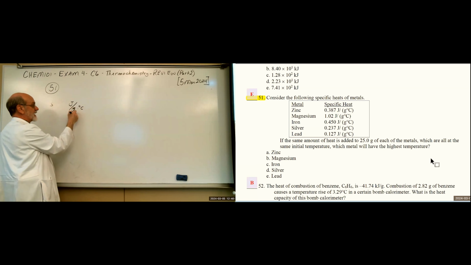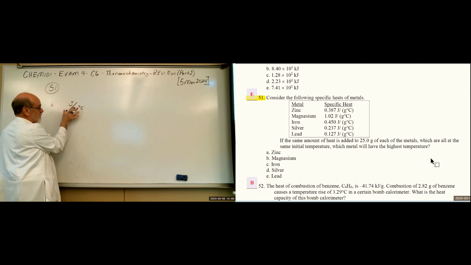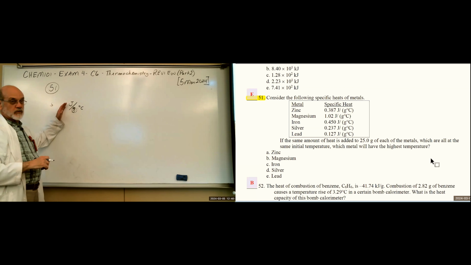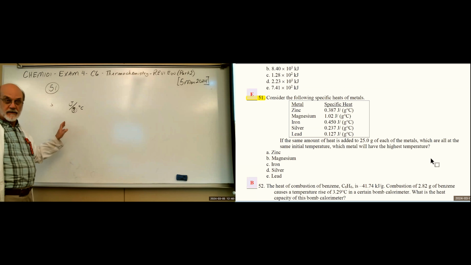The mass is taken out of the picture because they're all the same. So the temperature will move more for a smaller value of specific heat for every joule that you add. The smaller value will give you the greater change in temperature.